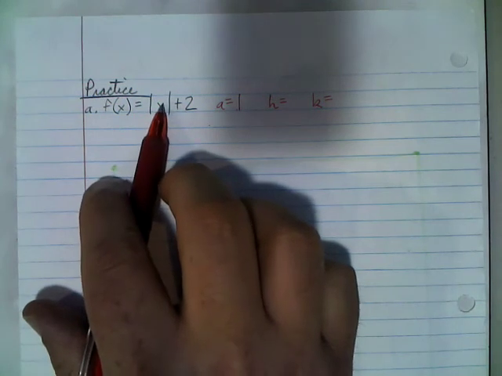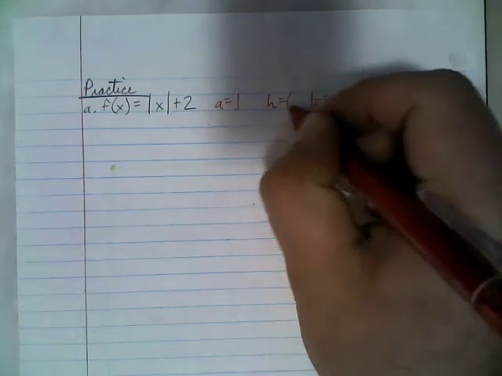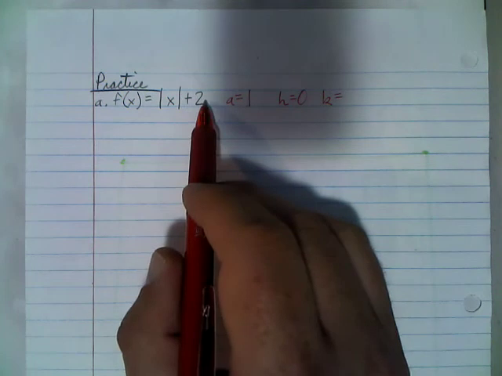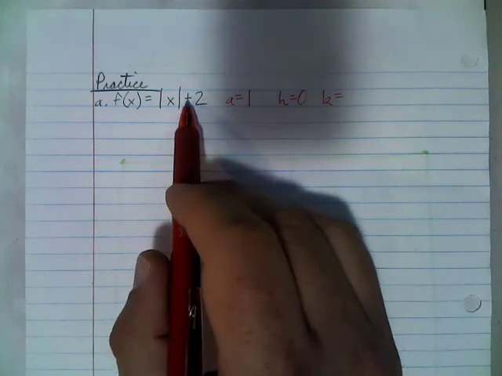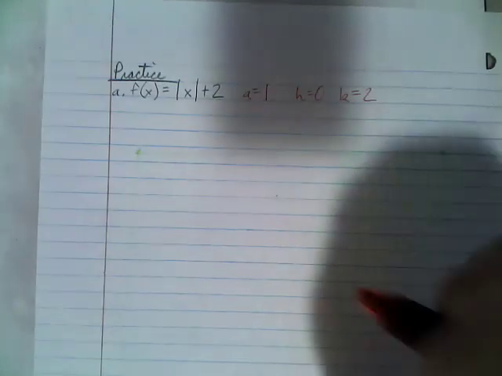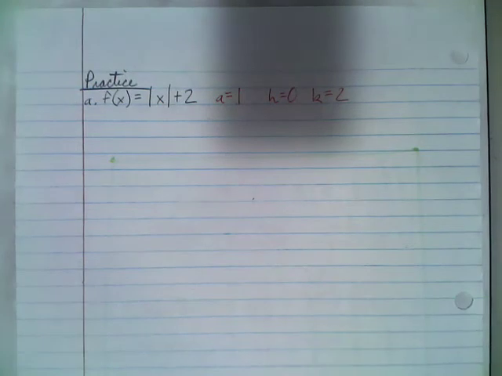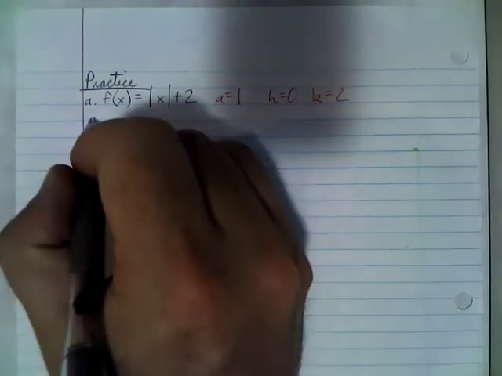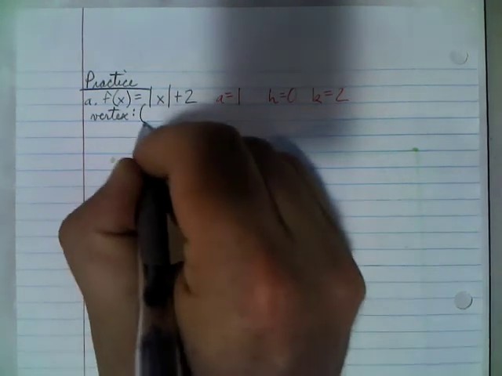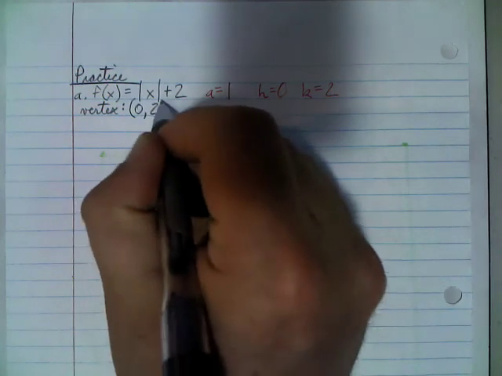Well, I don't see anything being subtracted or added with x, which means we're really subtracting 0. And then finally, the thing that we add with the absolute value, that's our k. So plus k, in this case, plus 2. K is 2. And so from that, right away, I can tell you that the vertex is h comma k. So 0 comma 2.